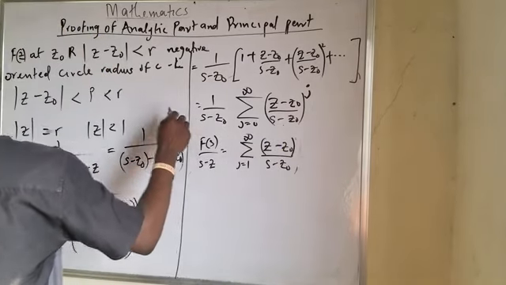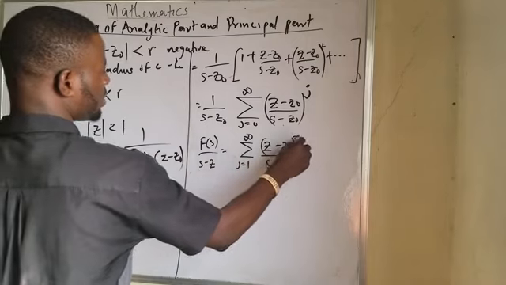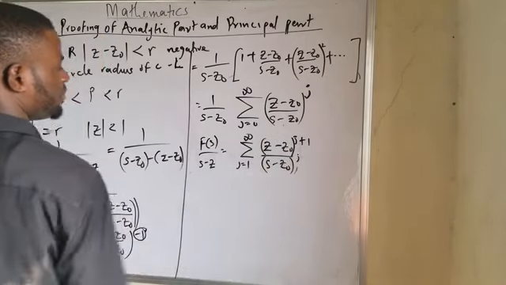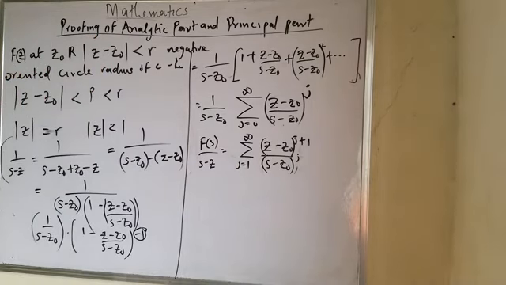This one will be j plus 1, and this one will be j.